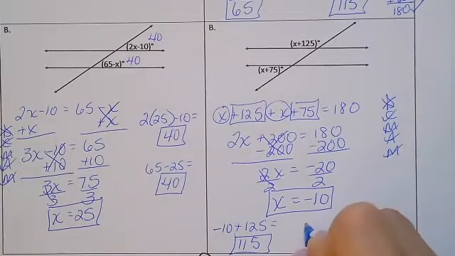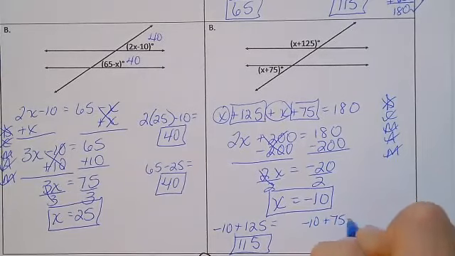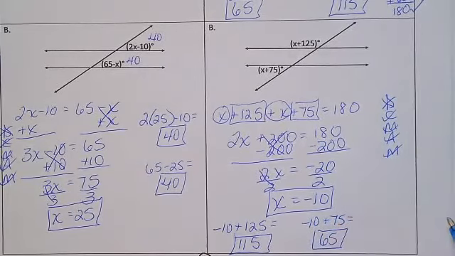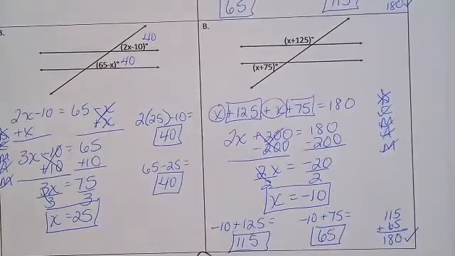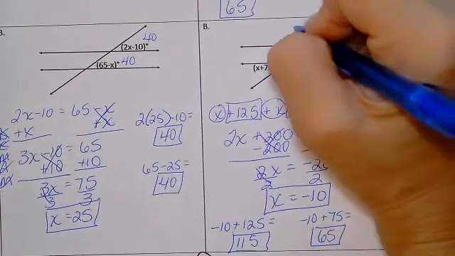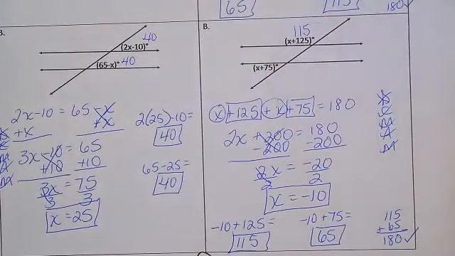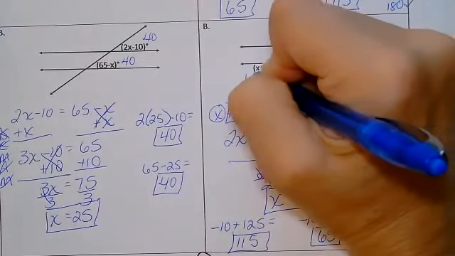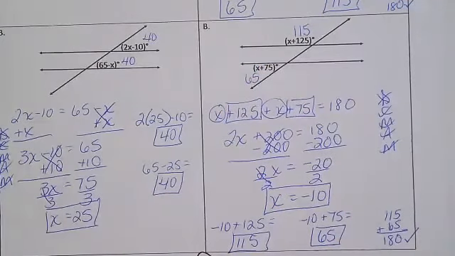All right, let's try the other one. Negative 10 plus 75 equals 65. Okay, let's check to make sure that that equals 180, and it does. So that means that this obtuse angle is 115 degrees, and this acute angle is 65 degrees.